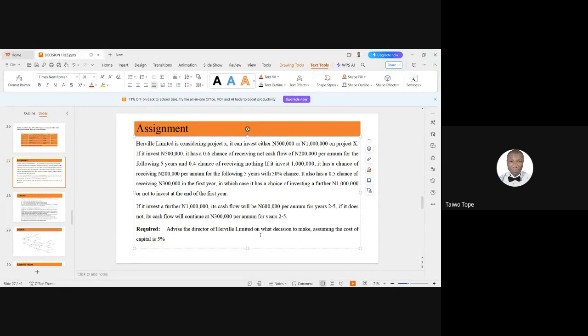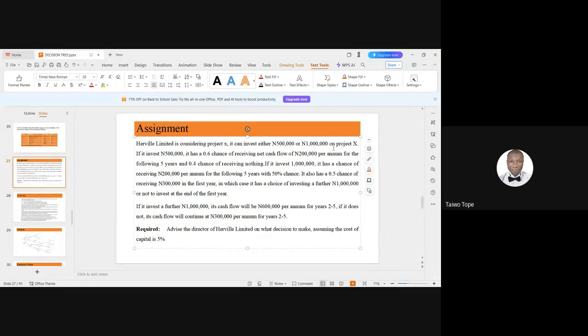Advise the director of Harvard Limited on what decision to make, assuming the cost of capital is 5%. Harvard Limited is considering project X. It can invest either 500,000 or 1 million on project X. A decision now: should I invest 500,000? Should I invest 1 million?